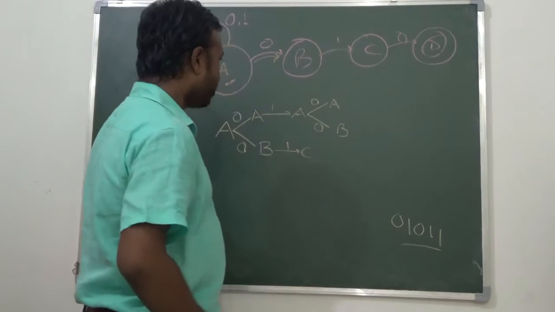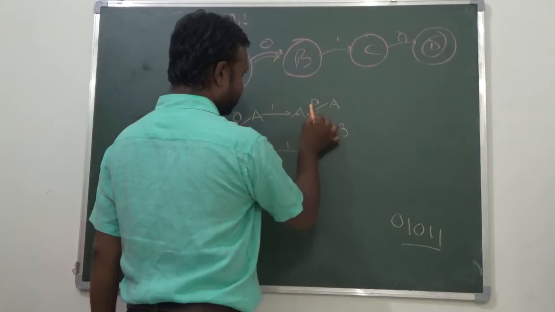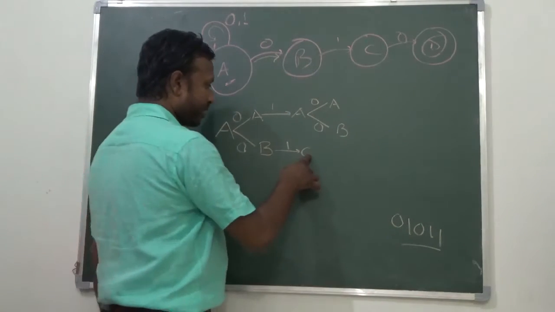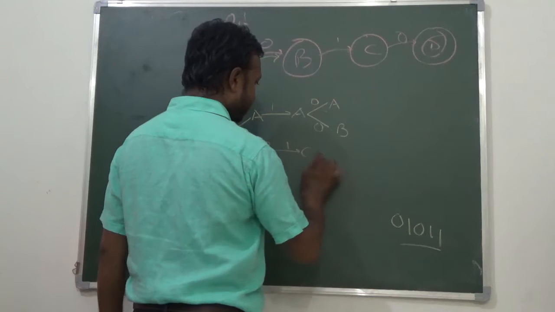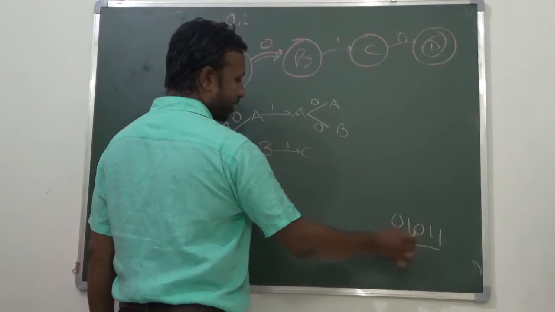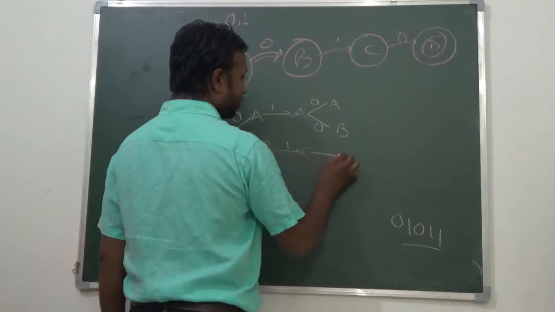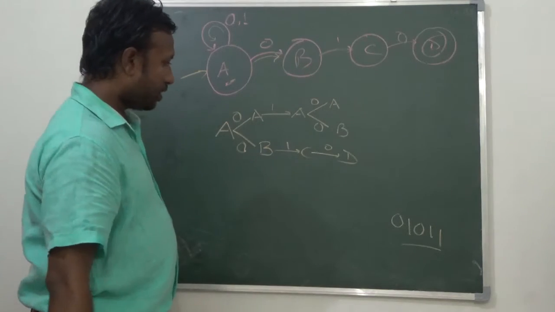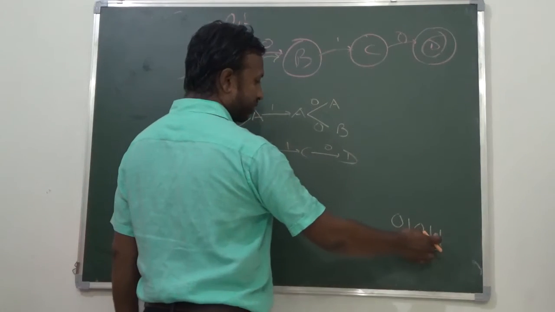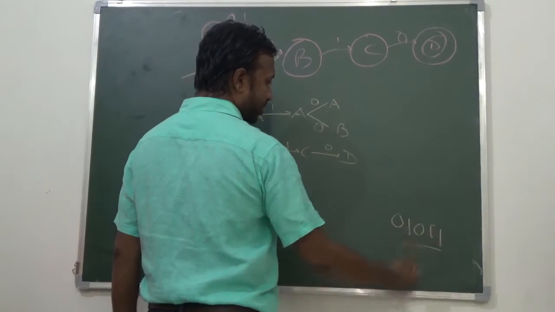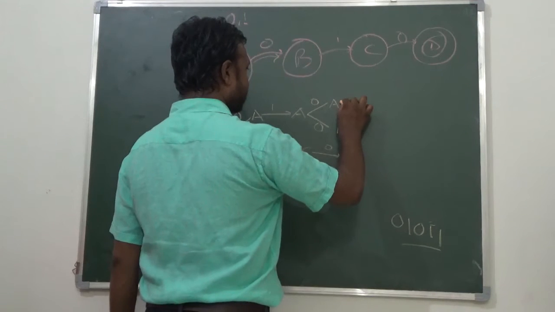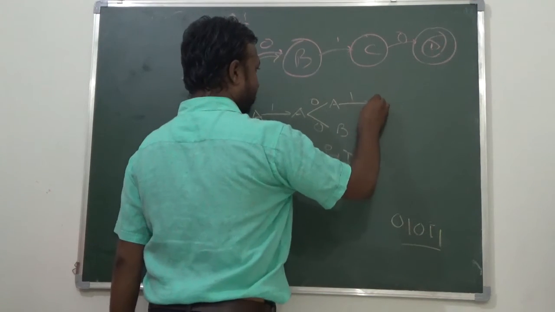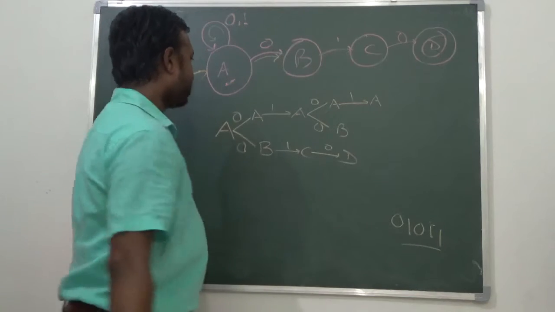We have already processed this one, and if the machine is in C, and it is processing this 0, the machine goes to the state B. Now the machine needs to process this 1, and if the machine state is A, then there is no choice, it will stay in A, right?